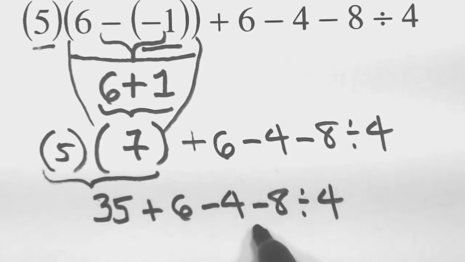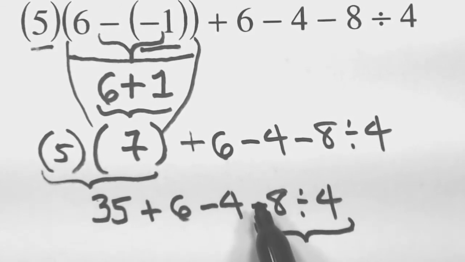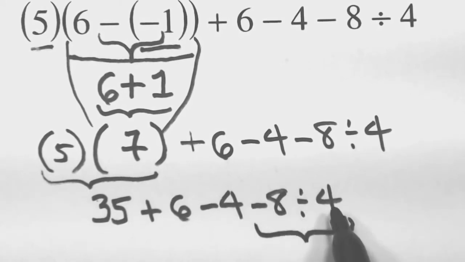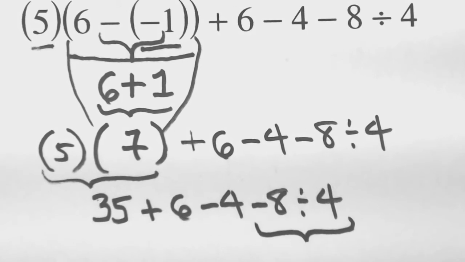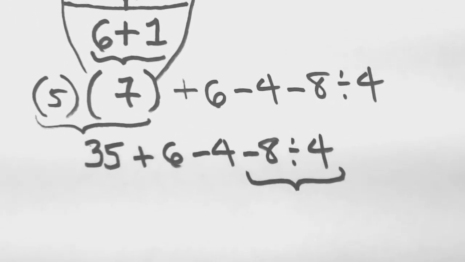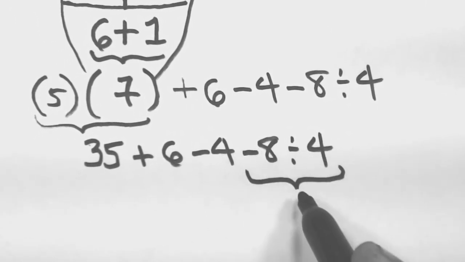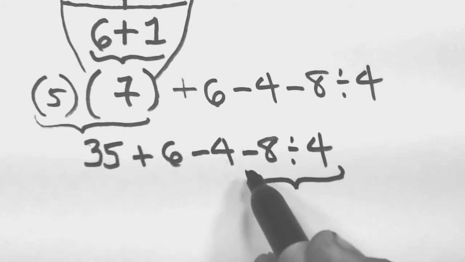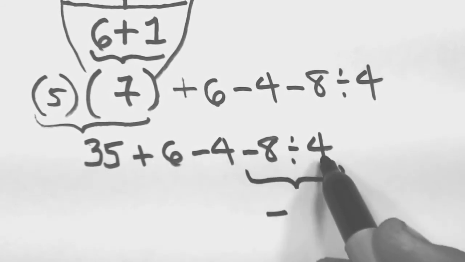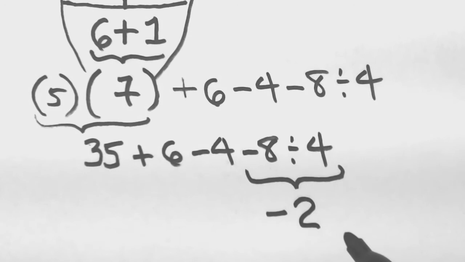Now, one of the things you can do here, we of course have recently reviewed how to multiply and divide when we have signed numbers. So you see that negative in front of the 8? Take it as -8 divided by 4, and that combines down to -8 divided by 4 is going to be minus, there's a single minus here, and 8 divided by 4 is 2.